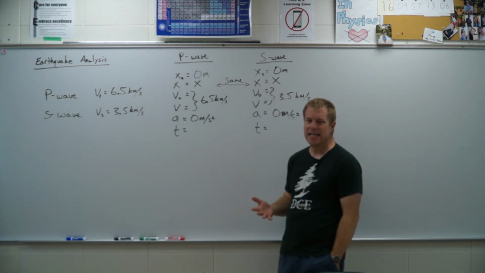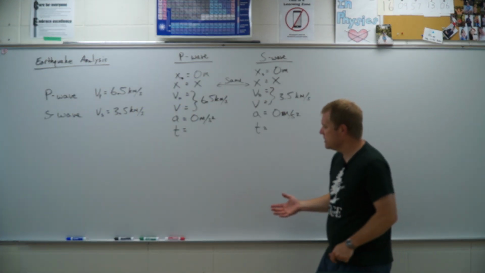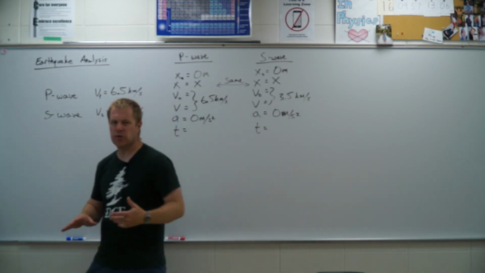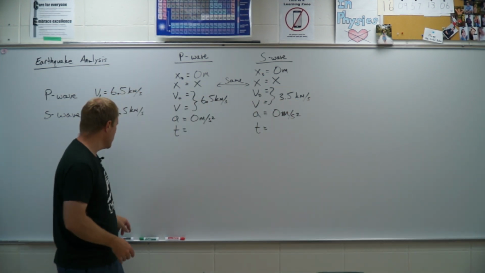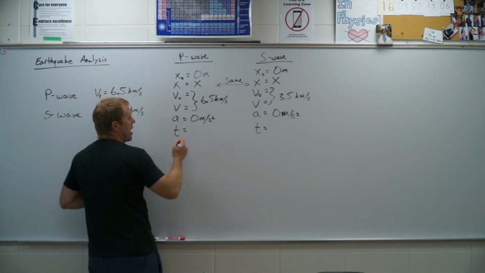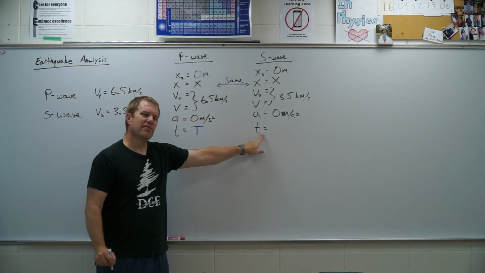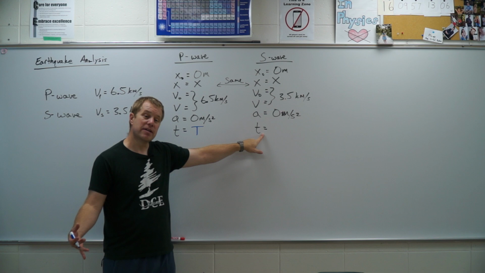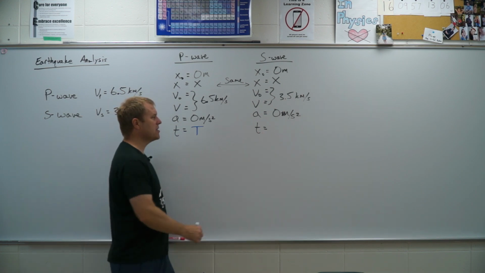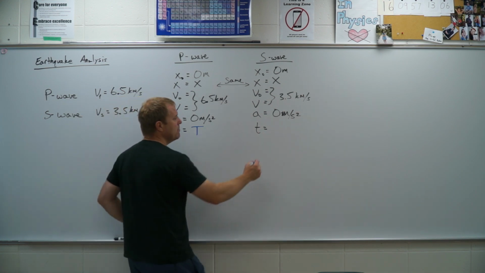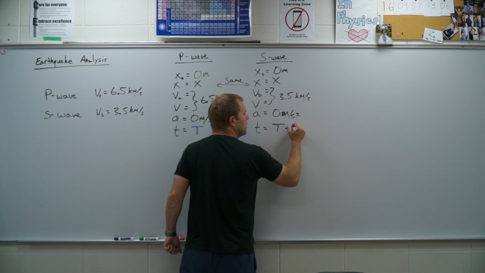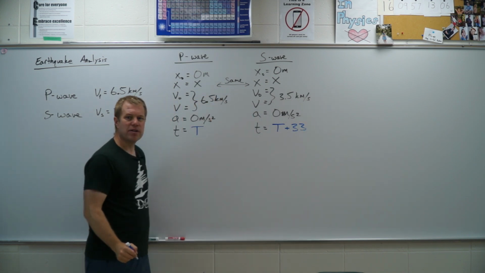Okay, now the times are different by 33 seconds. So what we tend to do here is we tend to say, okay, which one's the shorter time? Which one got there in the shortest amount of time? Well, that's going to be the primary wave, made it in the shortest amount of time. The S wave took a little bit longer. It took 33 seconds longer. So the time for the S wave is going to be the same as the time for the P wave plus that 33 seconds.